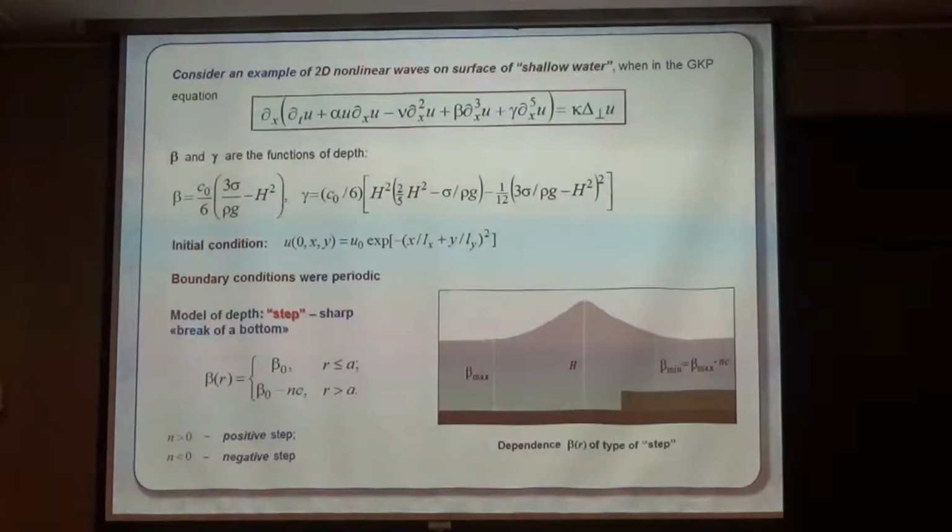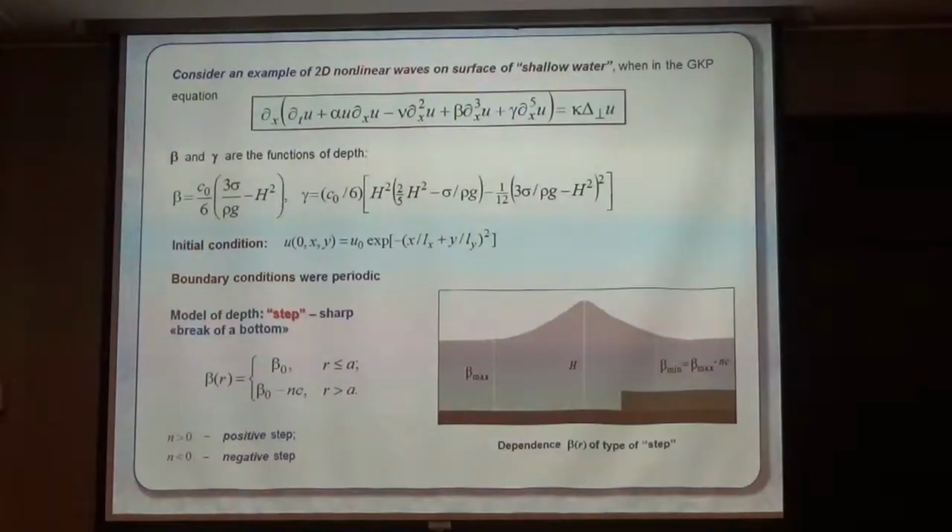We solved this problem for initial condition in form of a solitary pulse with periodic boundary conditions using the model of a bottom of type of step, or a sharp break of the bottom, for a positive step and a negative step.